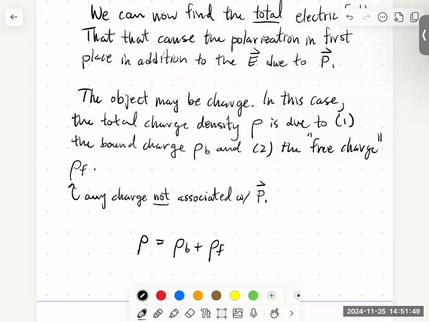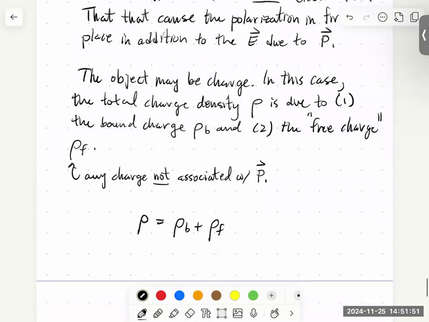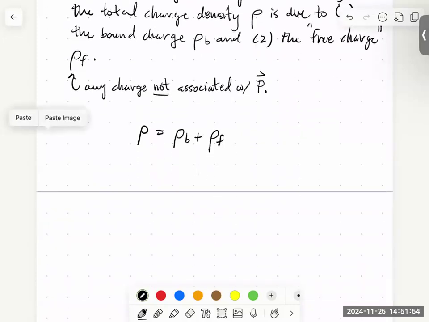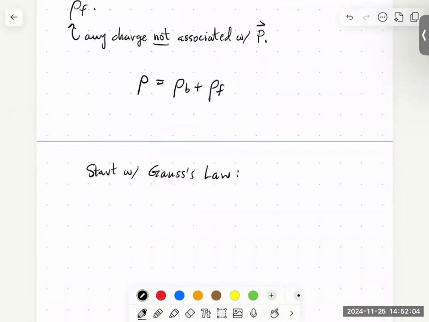And so what we're going to do is start with Gauss's law. This is not a long derivation, actually. It's pretty quick. Gauss's law says that the divergence of E is equal to rho over epsilon naught.